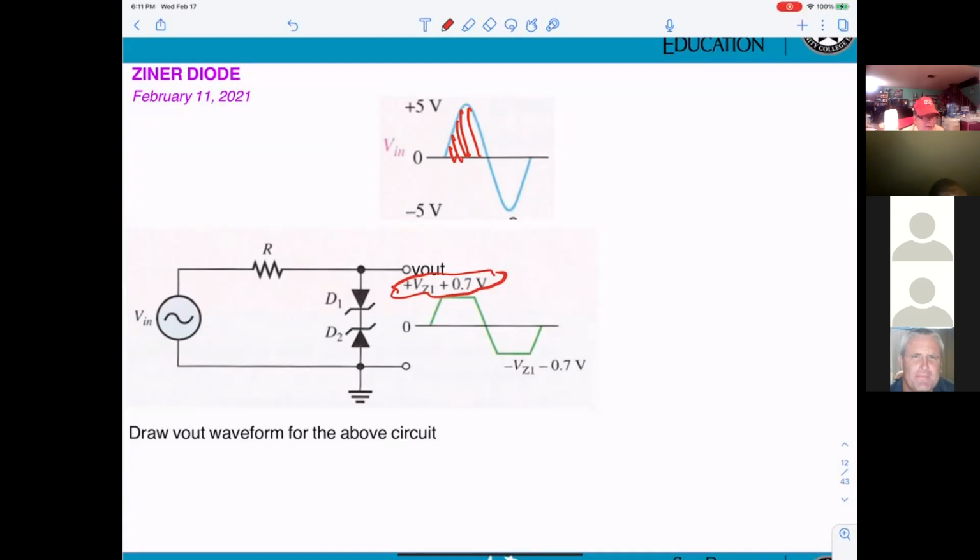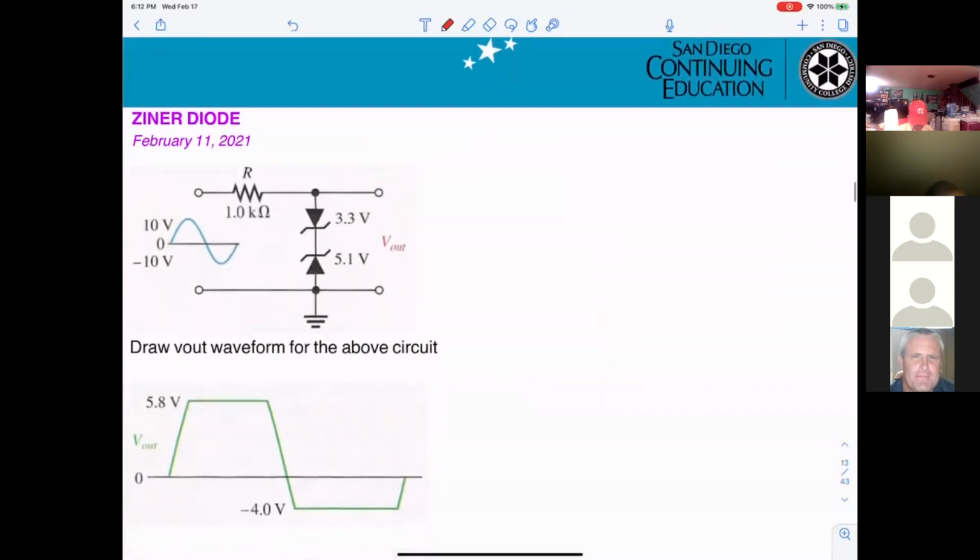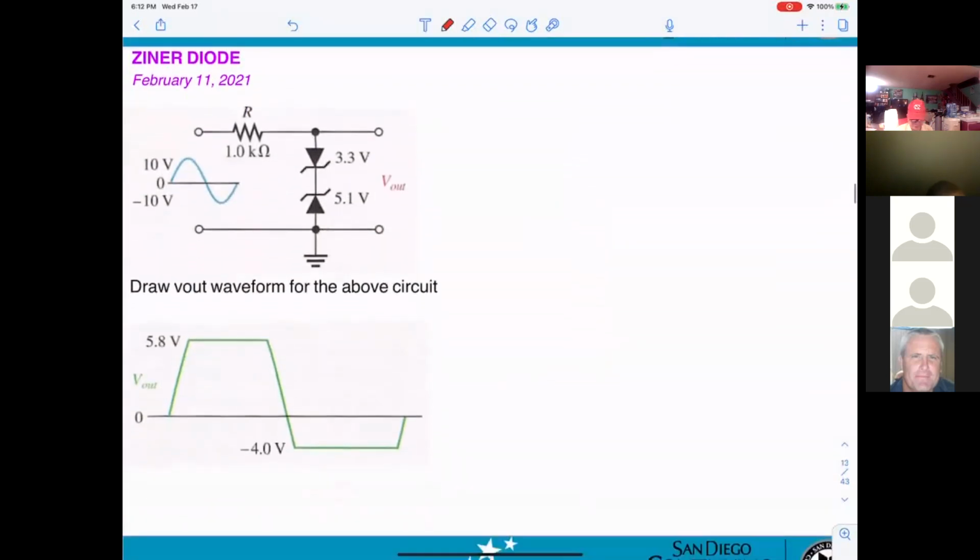So it can be equal to VG of D2 plus 0.7. And now when you get a negative, then it reverts. When you're doing your MultiSim 7, then you can see that. But that's just a picture for you to see, okay? Now, on this one.